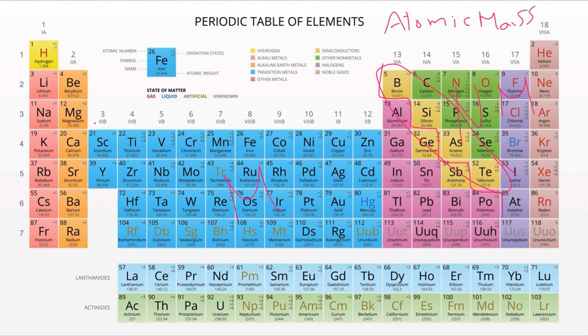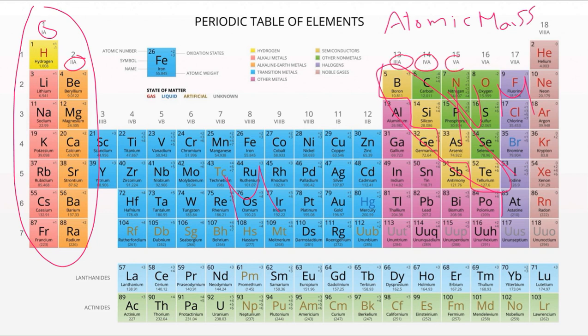The periodic table is divided in groups that have the letter A: 1A, 2A, 3A, 4A, 5A, 6A, 7A, and 8A.